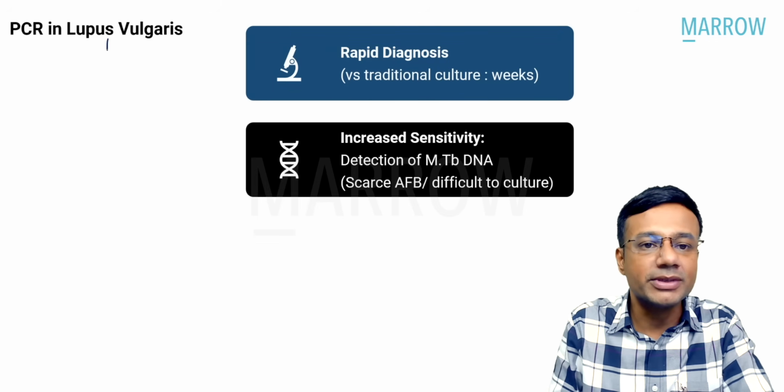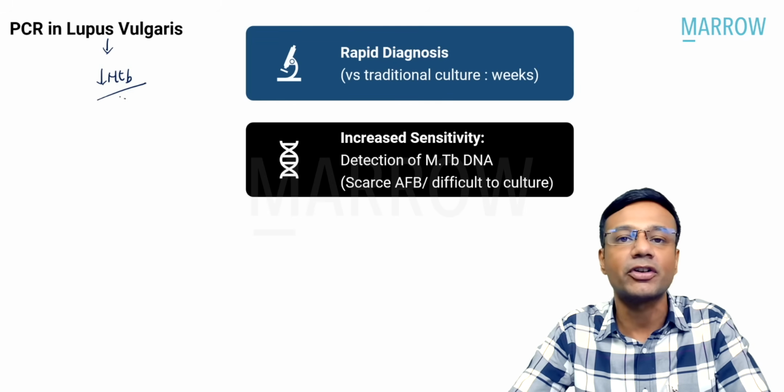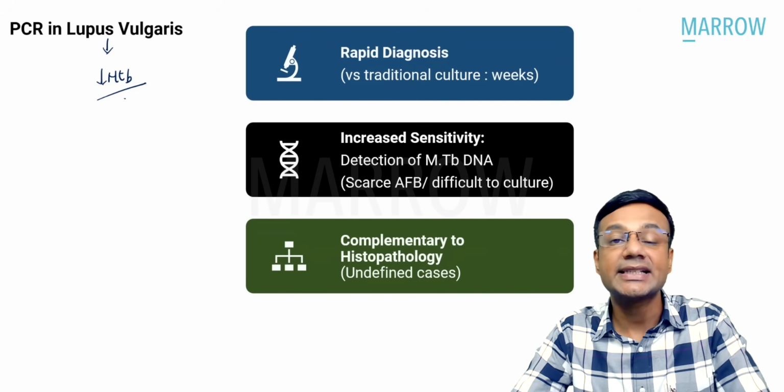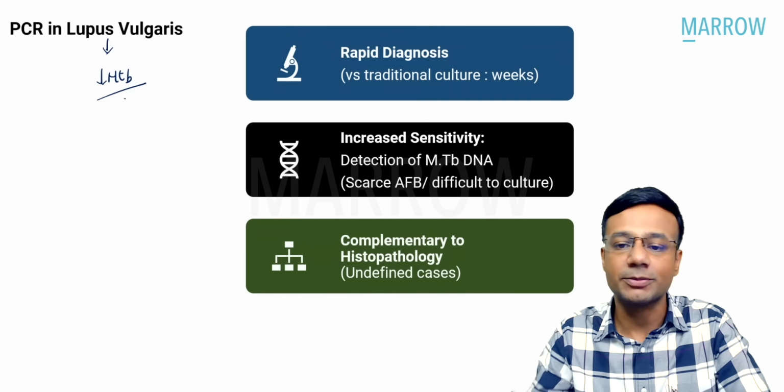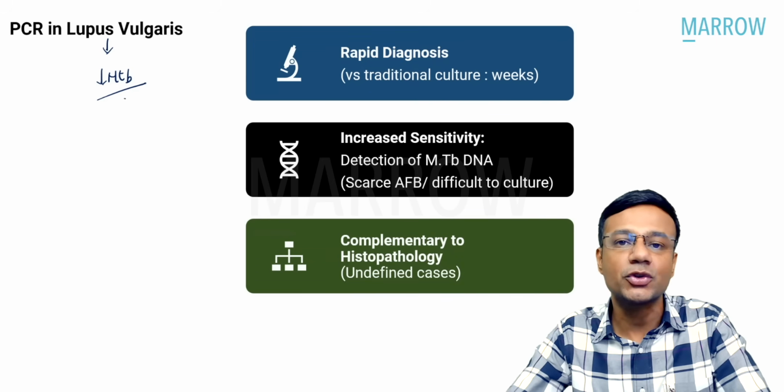I've already mentioned to you, students, that the Mycobacterium tuberculosis load is going to be less here. So whenever there is a scarce amount of bacilli or culture is not possible, increased sensitivity is seen with PCR. And finally, it acts as a complementary investigation to histopathology, especially when the case is undefined. When you're not sure of the diagnosis, PCR is complementary to histopathology.